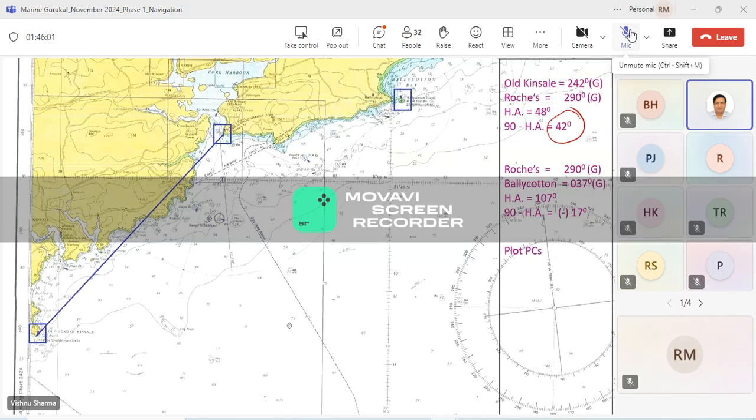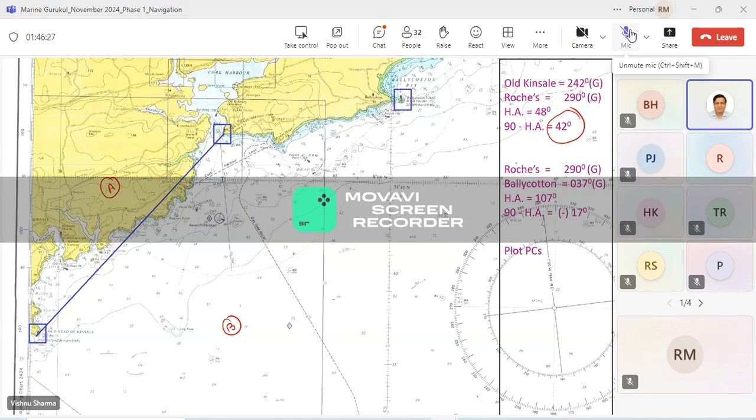If it is plus 42, which side should it be drawn, towards the ship or the opposite side, guys? Towards the ship. Now look at the chart. Will the ship be on side A of the baseline or side B? Side B. So now this 42 degrees will be drawn on side B.